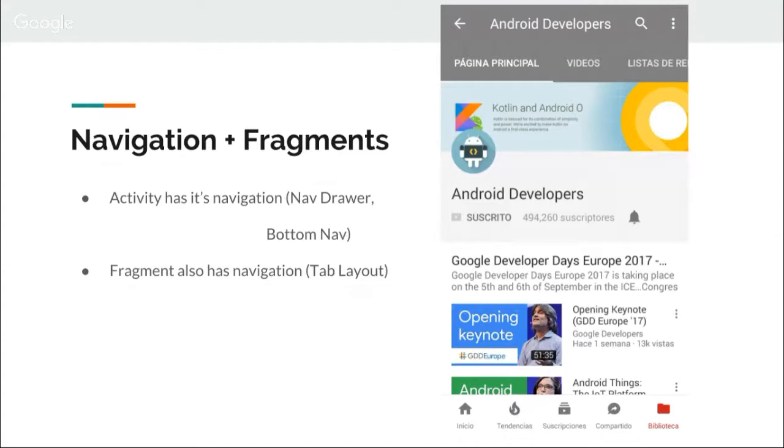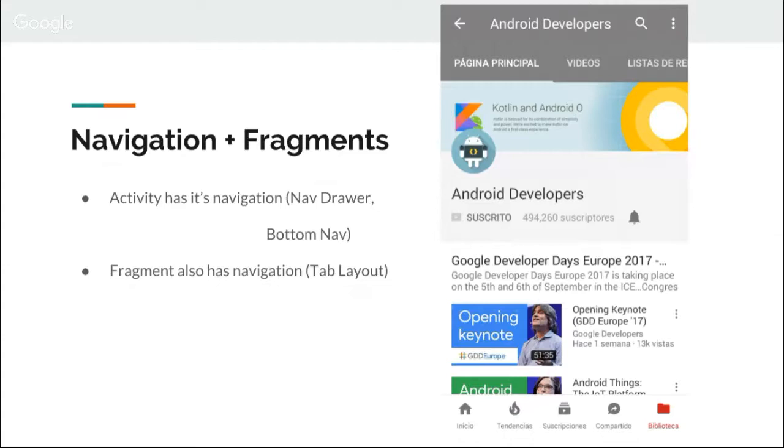Another important thing when talking about navigation is that an activity can have its own navigation, like a drawer or a bottom navigation like you can see here. This is a screenshot from the YouTube application. When you use the YouTube application, you always see the toolbar, right?